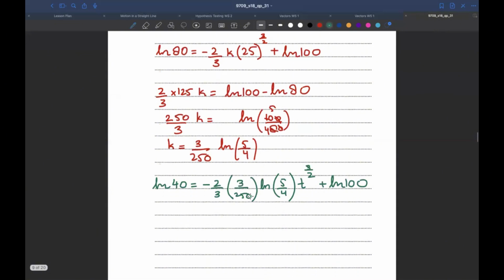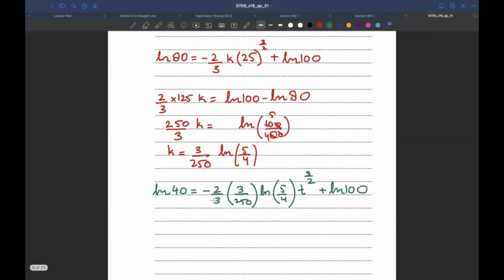Finding the value of t, we can bring this term on the left hand side. This 3 and 3 will cancel. We can write this as 1/125, and this will become positive. Ln of 5/4 t to the power 3 upon 2 is equal to ln of 100 minus ln of 40.